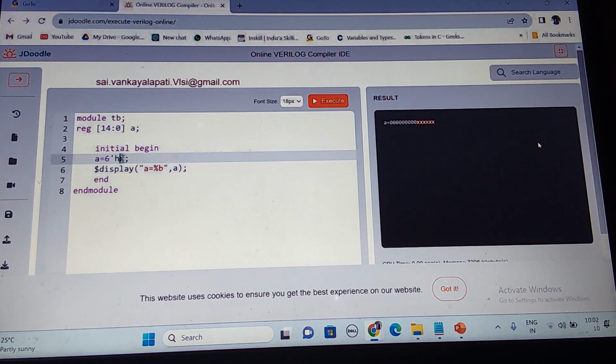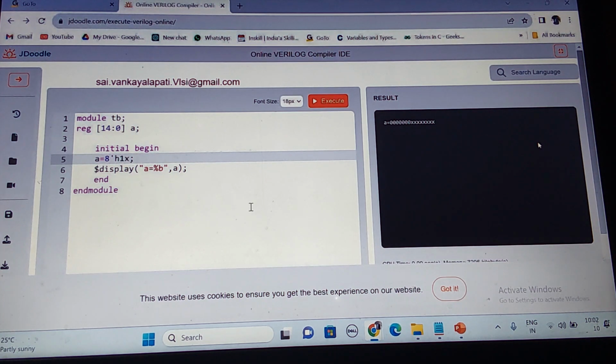Since I am giving x whose size is 6, suppose I give 1x instead. How is it going to store? 4 x's, then 1, 0, 0. Did you get the difference between this and this? Now it will take 6 x's. Suppose I give 8 x's, those are x values and the remaining are zeros.